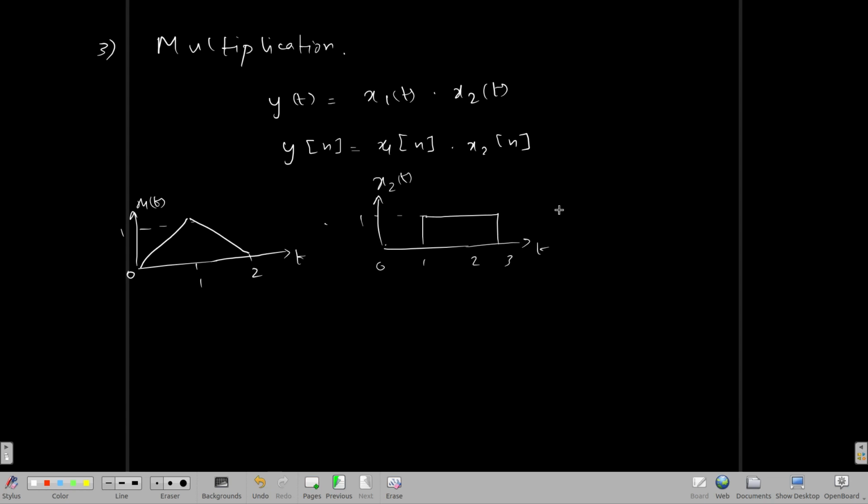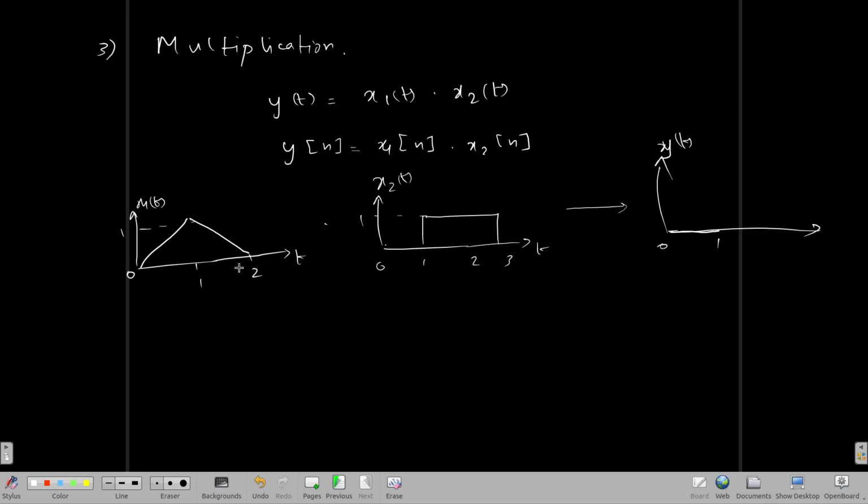Okay, so what will it give? From 0 to 1, this is having a positive t, but here it is 0, so 0 into anything is 0, right? So y of t is 0 from 0 to 1.